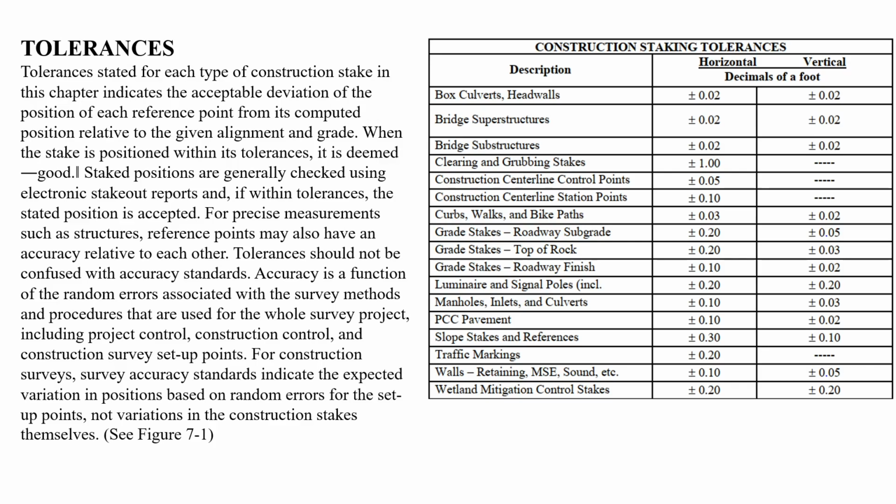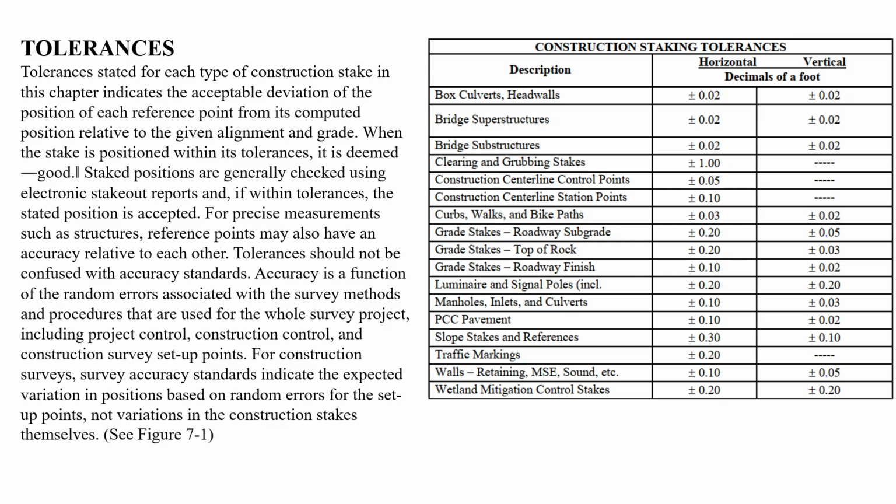Well, tolerances. Tolerances stated for each type of construction stake indicate the acceptable deviation of the position of each reference point from its computed position relative to the given alignment and grade. When the stake is positioned within its tolerances, it is deemed good.